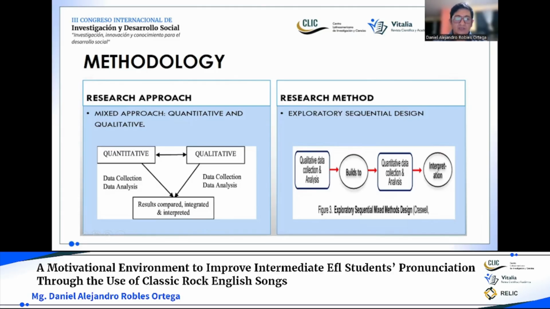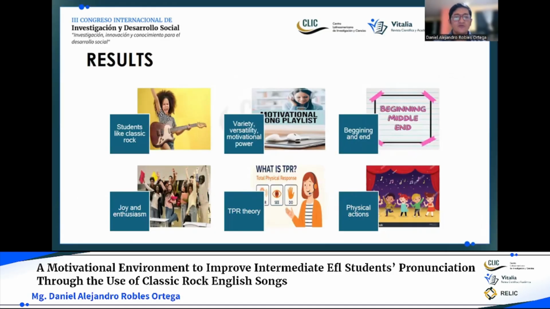After the methodology, it is time to analyze the results that we got with this investigation. So, the first important result: results showed that most of the students think that classic English rock is a good musical genre to learn pronunciation in the classroom, and they are commonly related to the song that is going to be presented to teach pronunciation in the class.